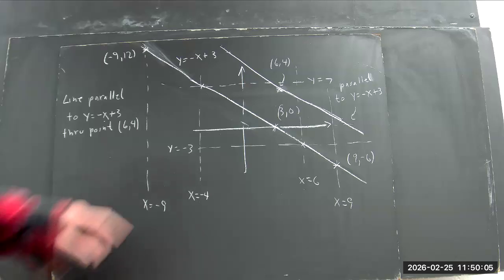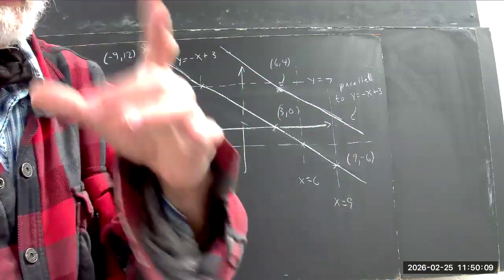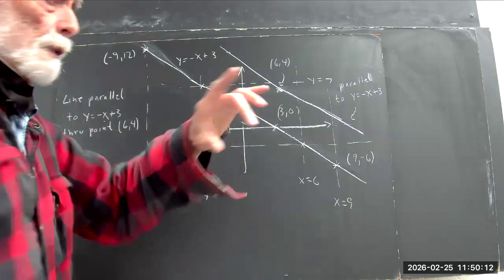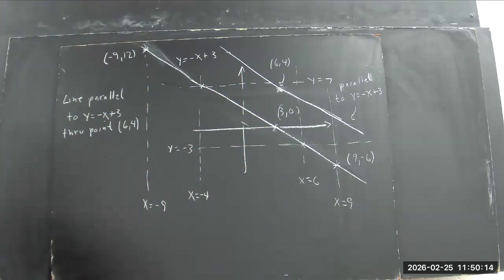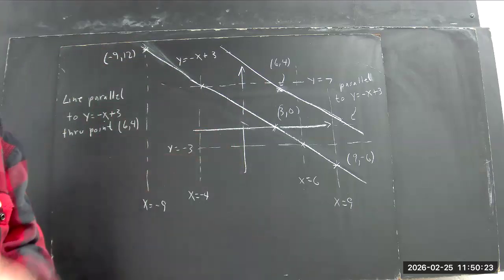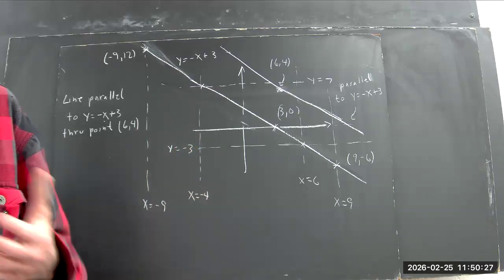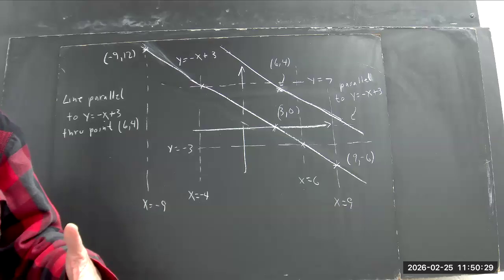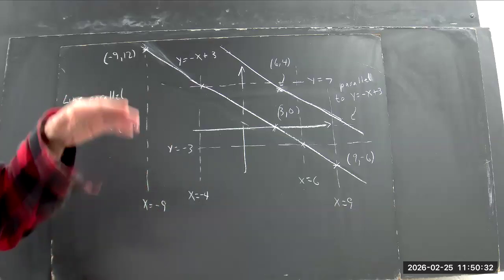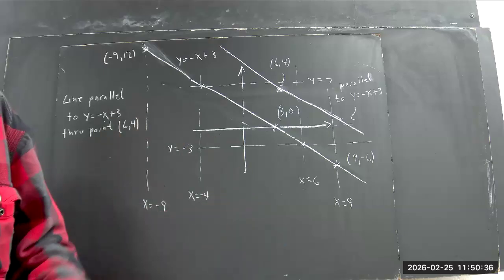So what do we know about this line? Okay. We know its slope. The slope is the same as this one. That's what parallel means. They have the same slope. When I asked you to draw two lines, you drew two lines that were nice and parallel. Okay, they clearly have the same slope. They're equally steep, and the slope is either up or down, depending on what the first line was.